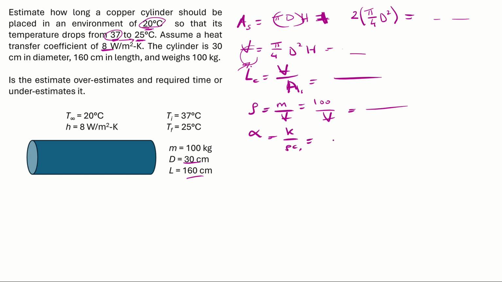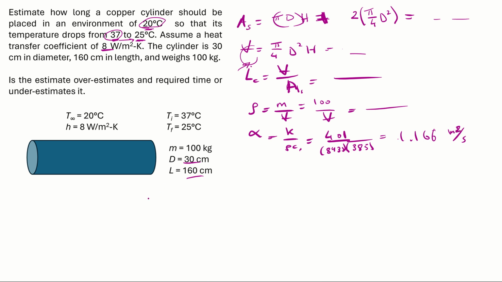This is given for copper, right? So pure copper, 401 divided by 8933, and the Cp is 387. So this is like 1.1667 times 10 to the minus 4 meter squared per second.